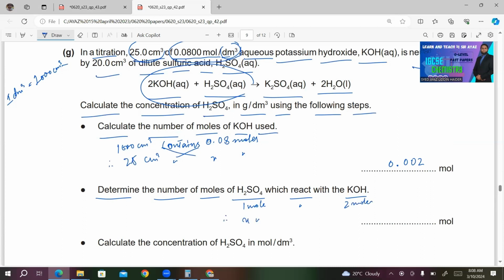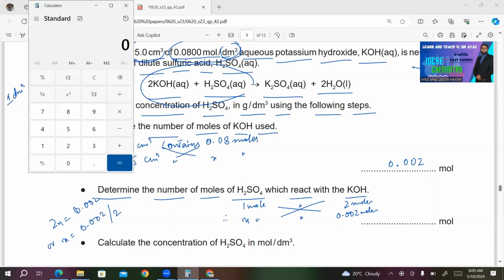Therefore, X moles of H2SO4 react with 0.002 moles of KOH. Do the cross multiplication in order to find the value of X. We will get 2X is equal to 0.002, or X is equal to 0.002 divided by 2.